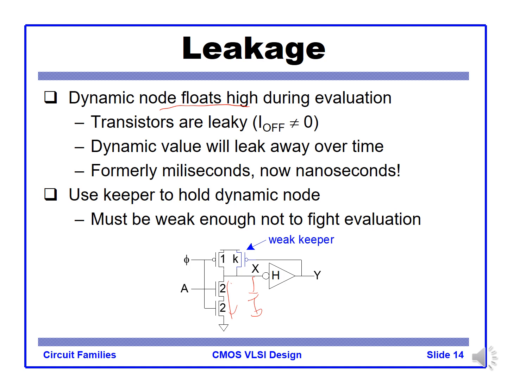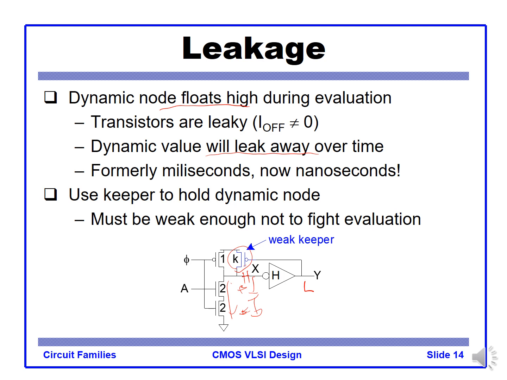We don't want that charge to be leaked away. So what we can do is add a keeper device here. For example, if the node is precharged to high, then the inverter output will be driven to low, and the small PMOS device is turned on, so it will stay high.